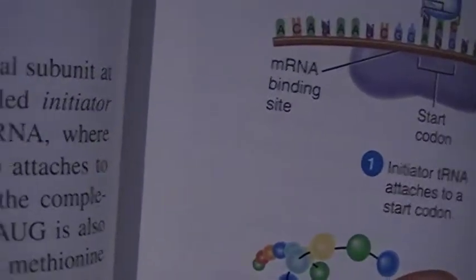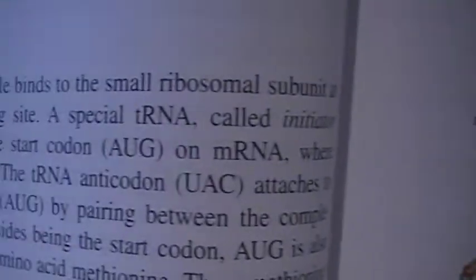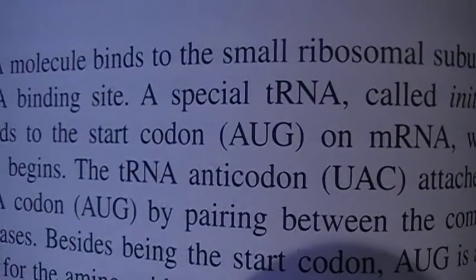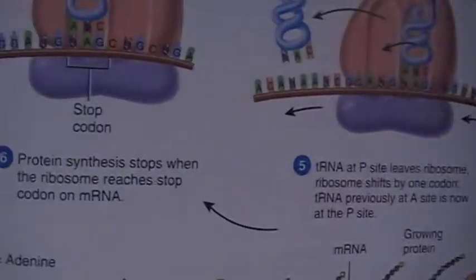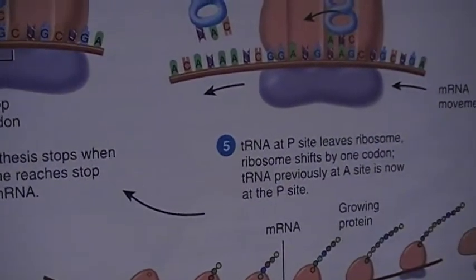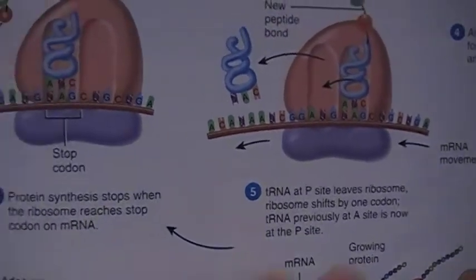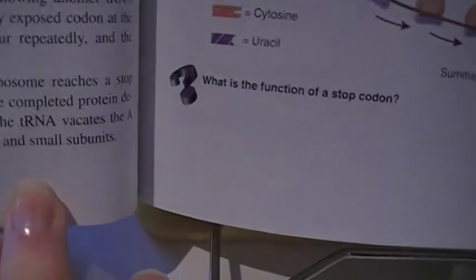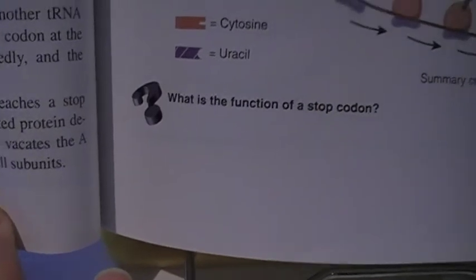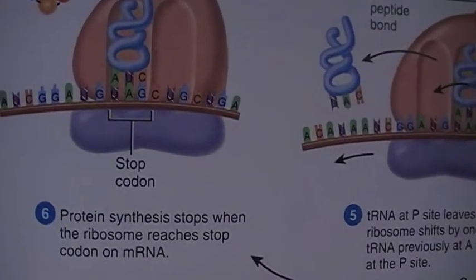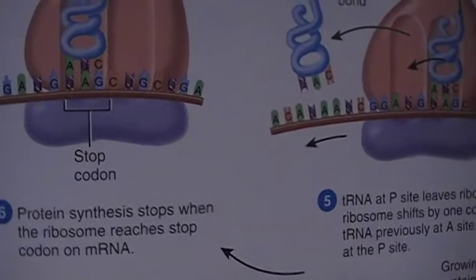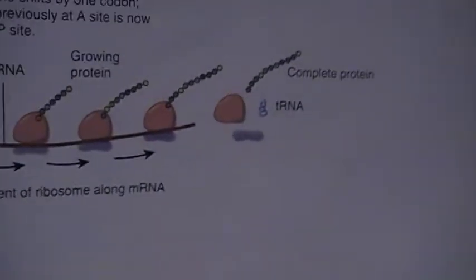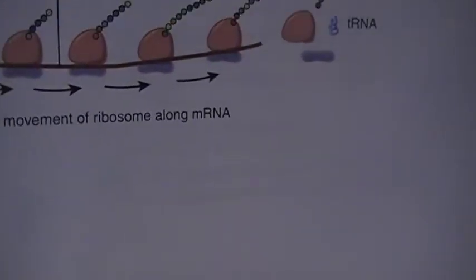Start codon is AUG. And the stop codon, number 6, must be UAG. So this is a summary.